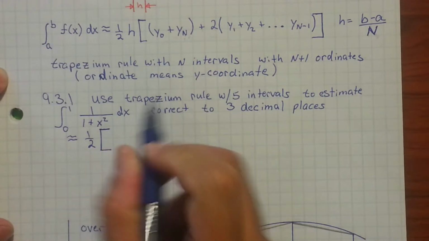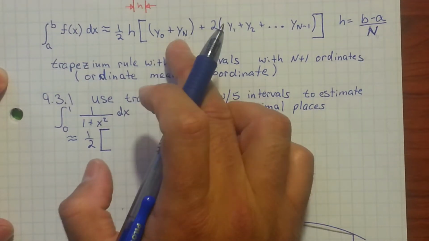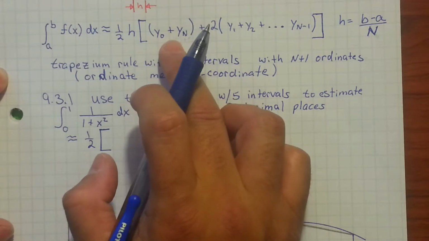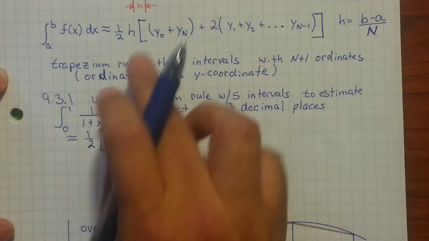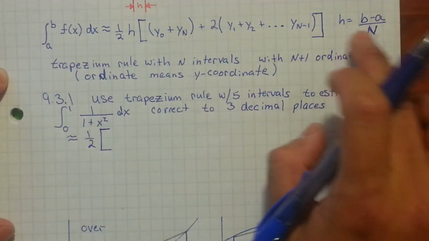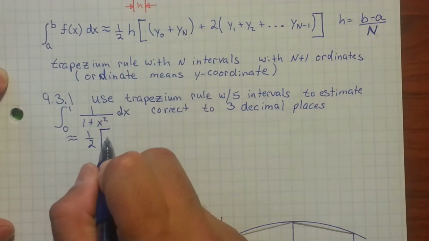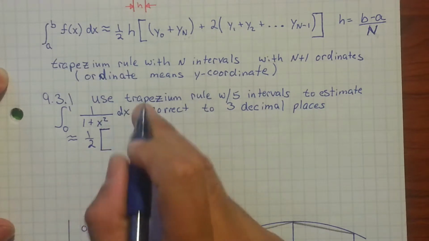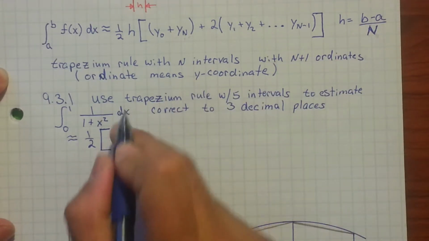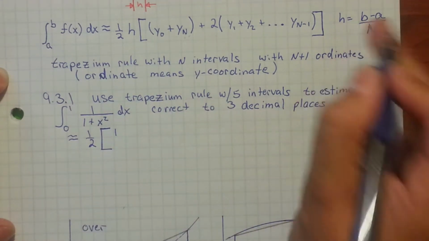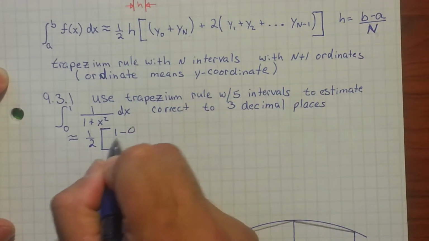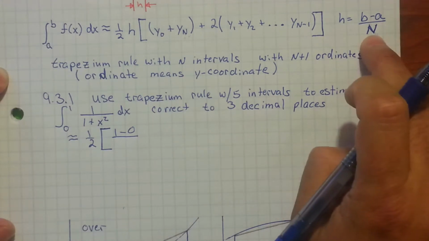Quantity here. So from here, y sub 0 plus y sub n. Before I do that, h. Gotta throw in that h. So the h is going to be b, the second value, so it's 1 minus 0 over n.